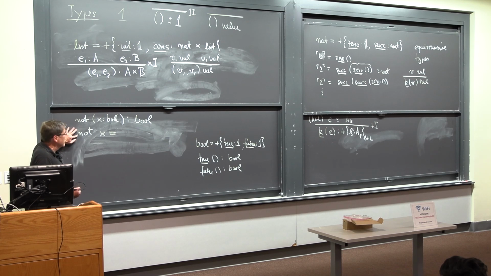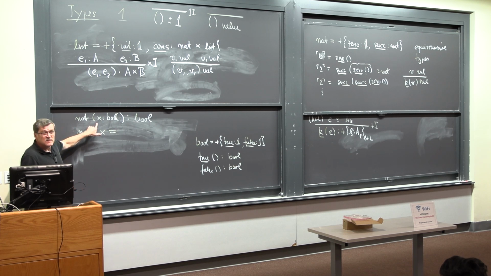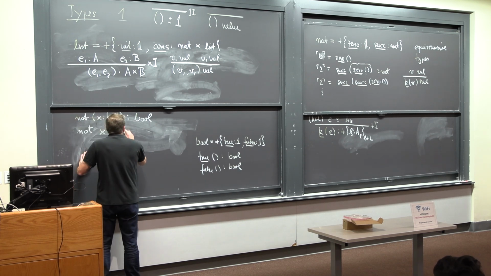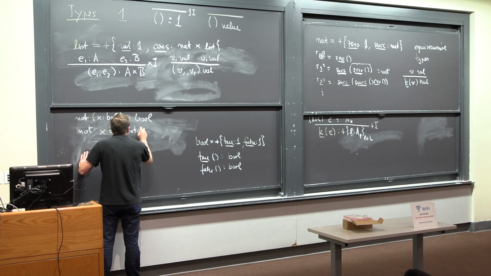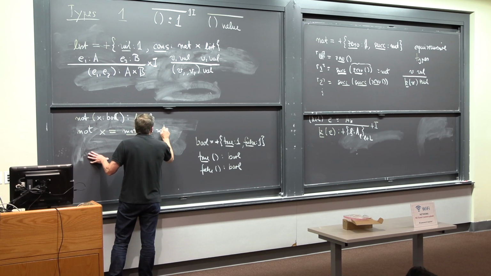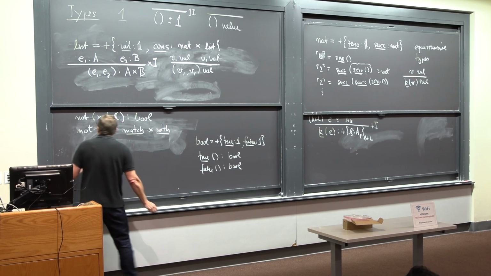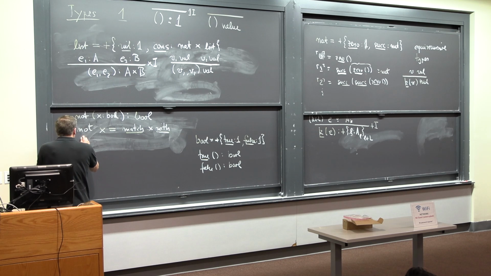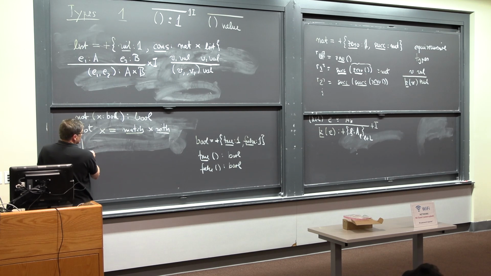So how do I do that? Well, I have to take cases over what x is and then act accordingly. So I'm going to do match x, so this is a keyword, with, okay? So I'm going to be very particular here. It could be true, which is a tag.